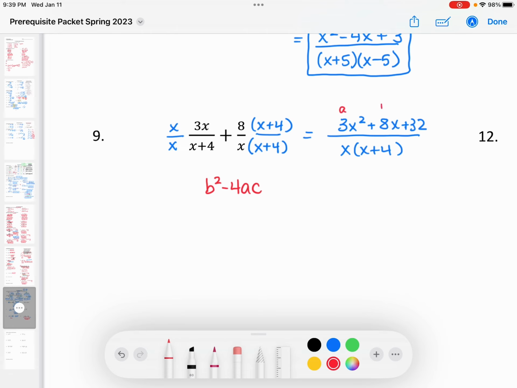It's been a while since we did that, but using the a, the b, and the c, I'd have 8 squared minus 4 times 3 times 32. I don't have a calculator with me right now, but I know that that winds up being a negative number. And if you think about when the quadratic formula has the square root of that, if this comes out to be a negative number, then I just know that that's not going to factor.